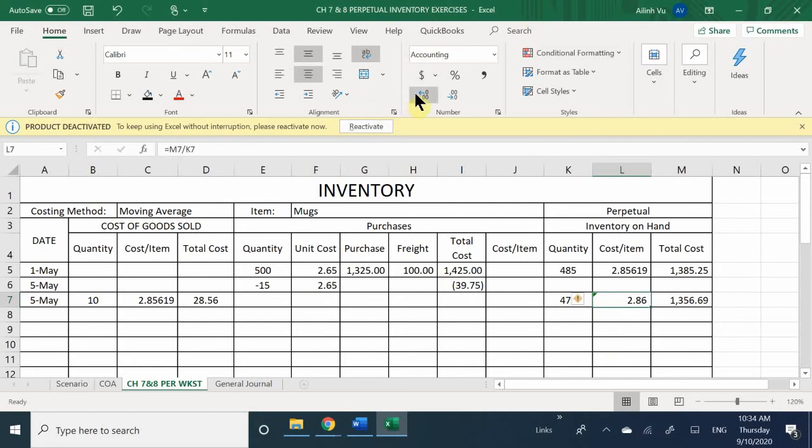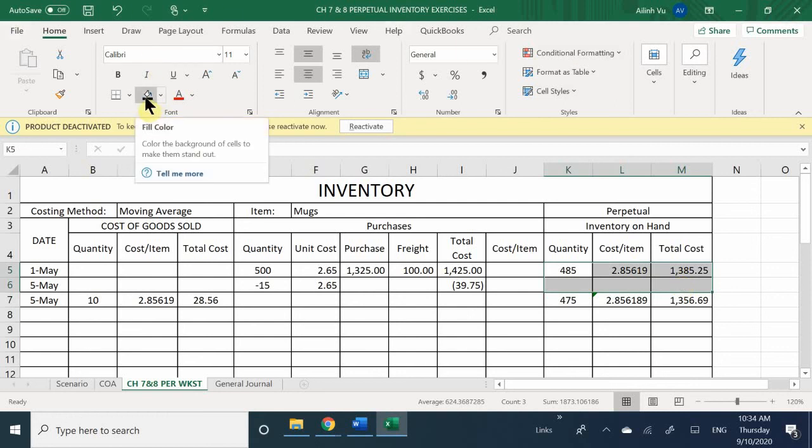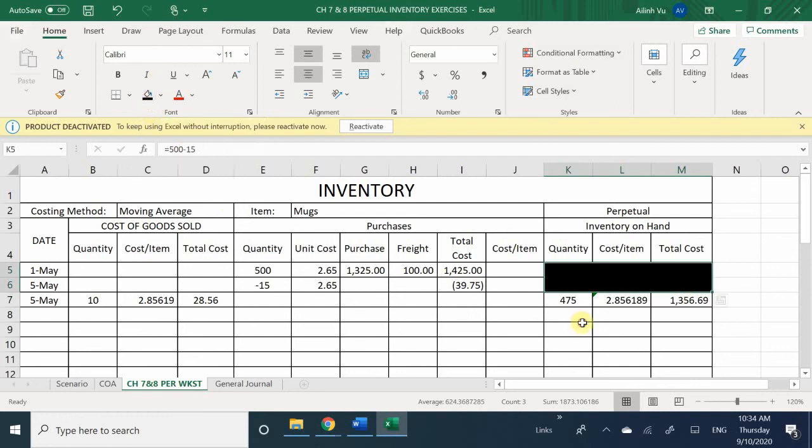Okay, and I'm just going to expand it so we know it's that kind of number. And I'm going to highlight this and get rid of it because we don't need it anymore. Okay, so here is this number. And now I solved for my cost of goods sold. My cost of goods sold is $28.56.